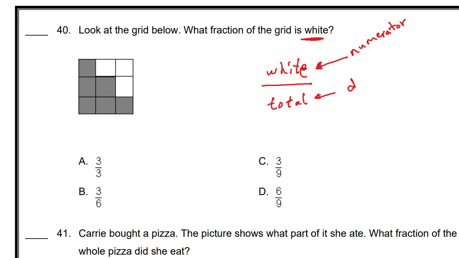This is the denominator. So in this case we have white 3 and the total 9. And you can do the same for all questions, same as this question.